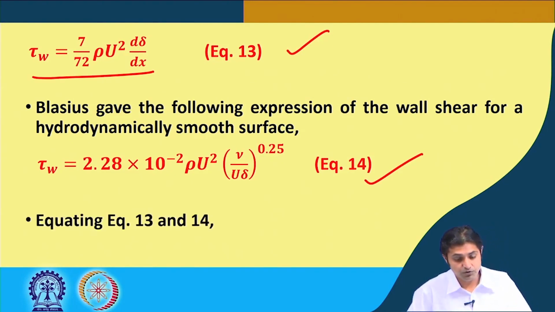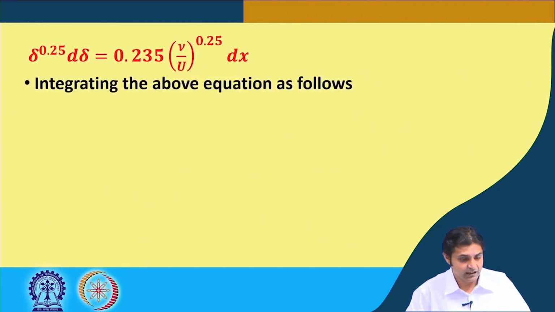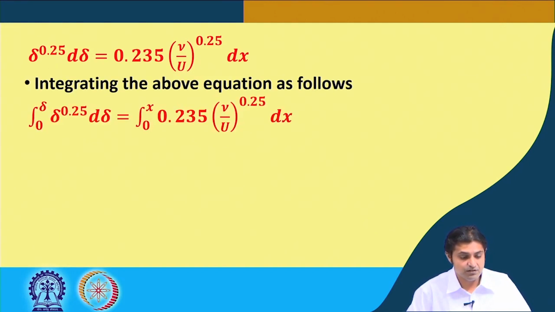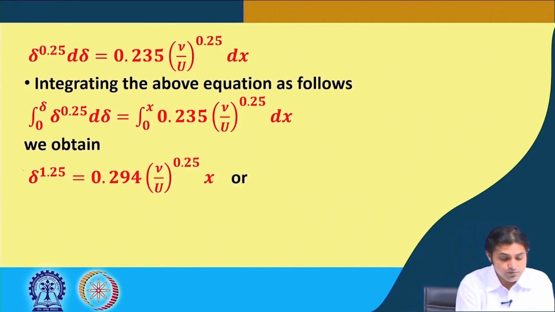Now if we equate both, this is the equation that we get, delta as a function of x, and if we integrate the above equation, we are going to get delta to the power 0.25 d delta is equal to integration from 0 to x 0.235 nu by U raised to the power 0.25 dx, and then we can obtain an expression like this.